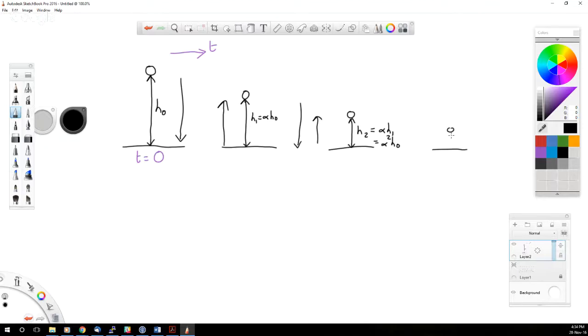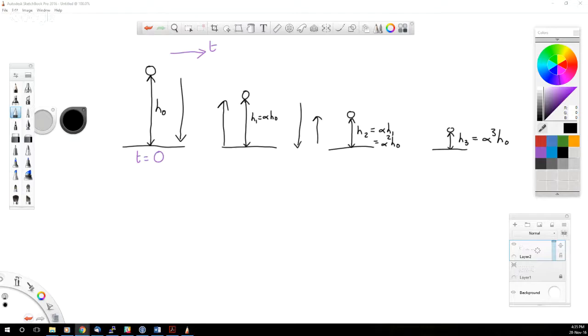And then we'll just draw another one on here, h3, which is alpha cubed h0. So there's my diagram to start off. Okay, so we've got that there.